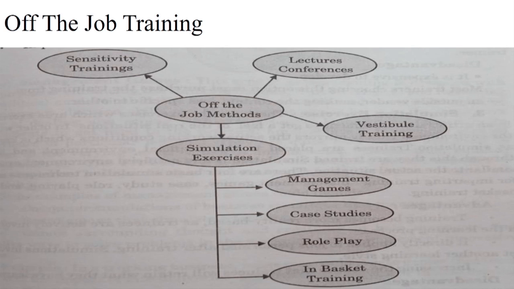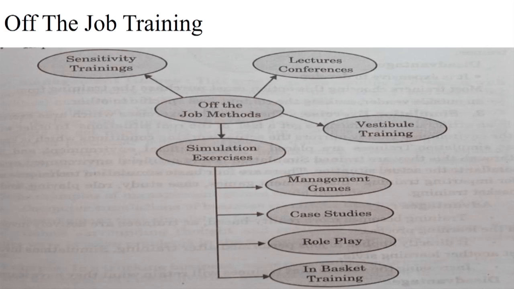Now, the next topic we discuss is related to off-the-job training methods. Before I proceed, let me give you the gist of the meaning of off-the-job training. It is actually given outside the actual workplace, as we can see from the name itself.